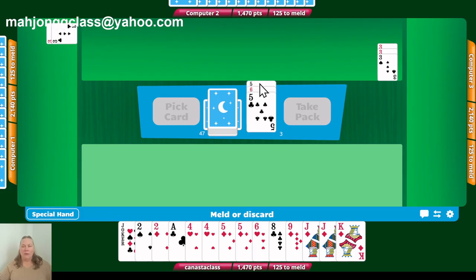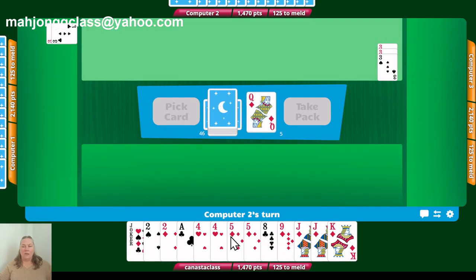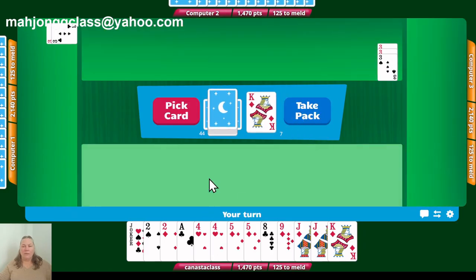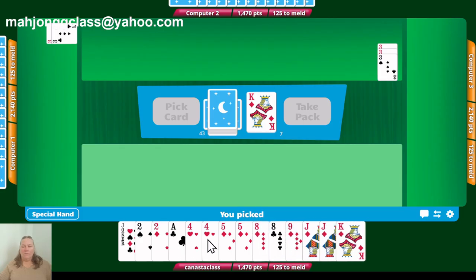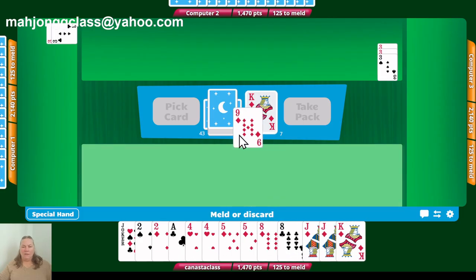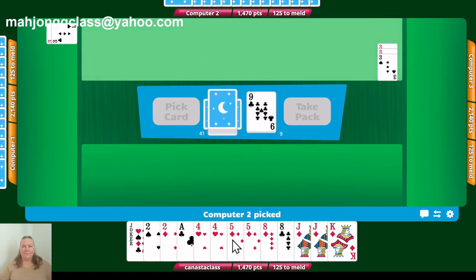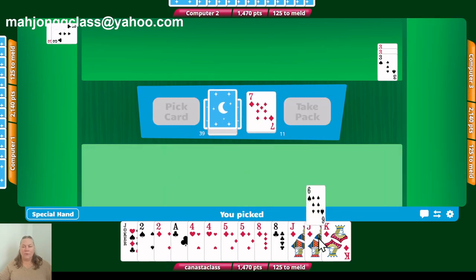My partner got rid of a 6, so I'm going to get rid of a 6. We don't have our clean triple. We're looking for 3 of a kind. I'm going to get rid of this 9. That's 1 7.